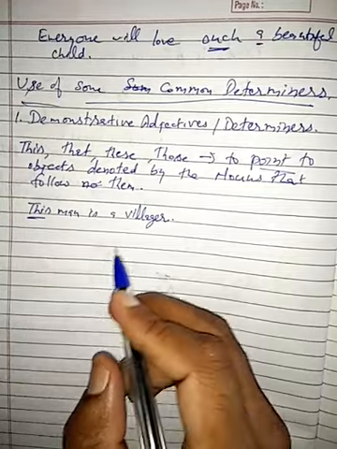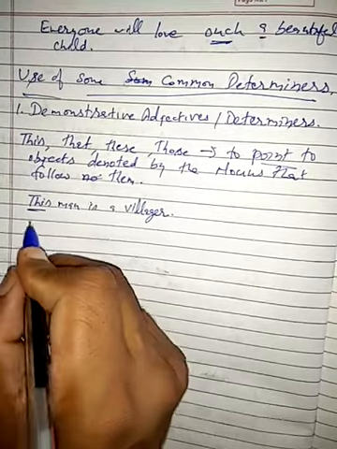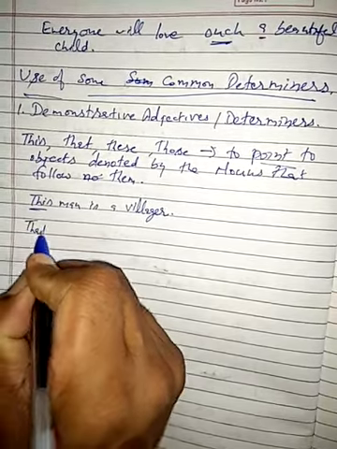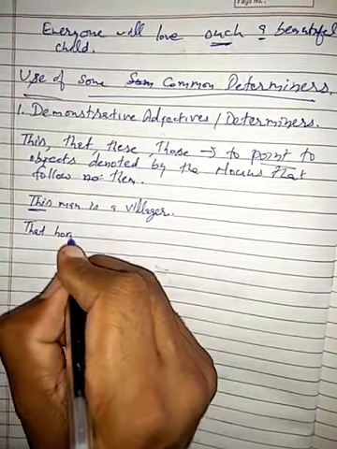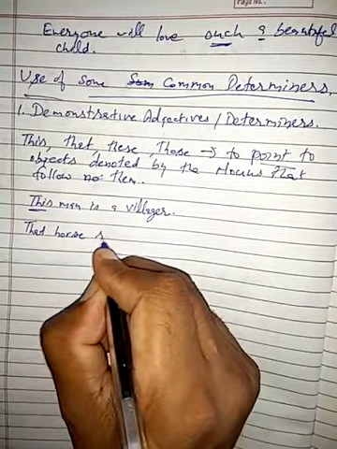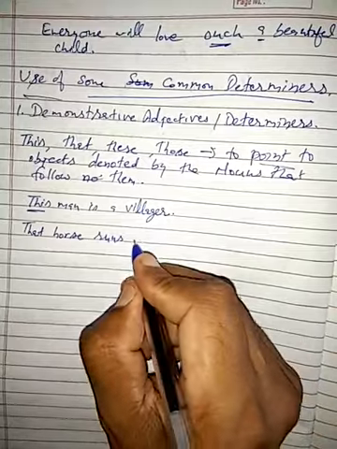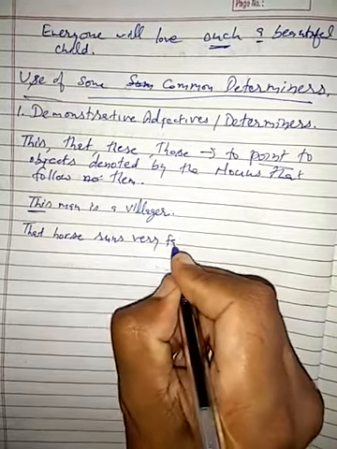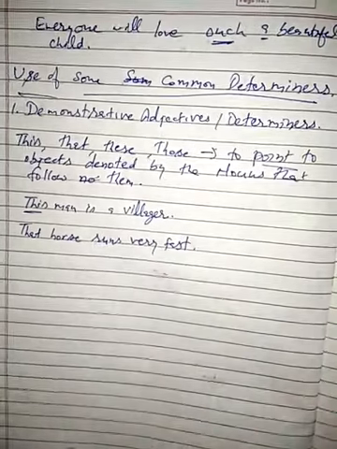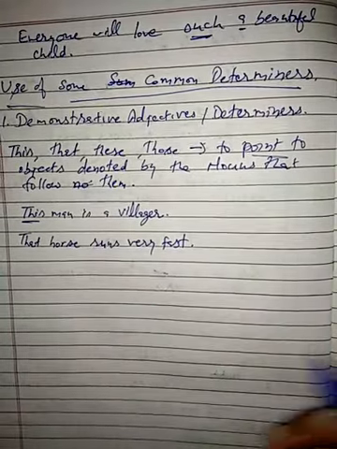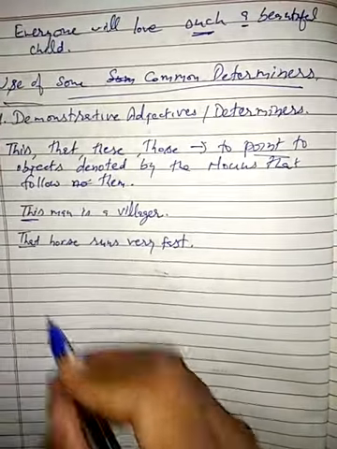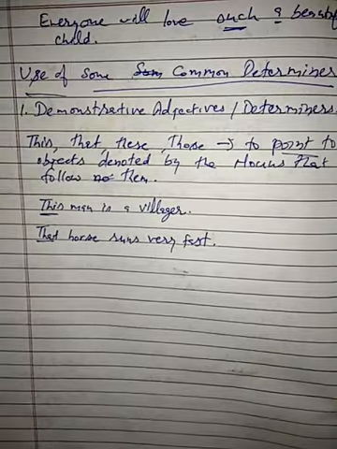Okay, this man is a villager. Okay, that horse runs very fast.